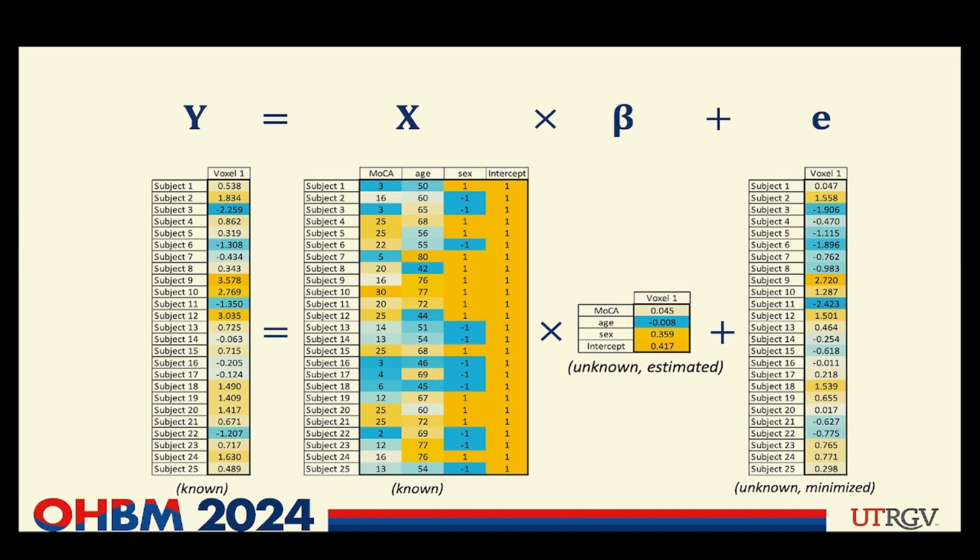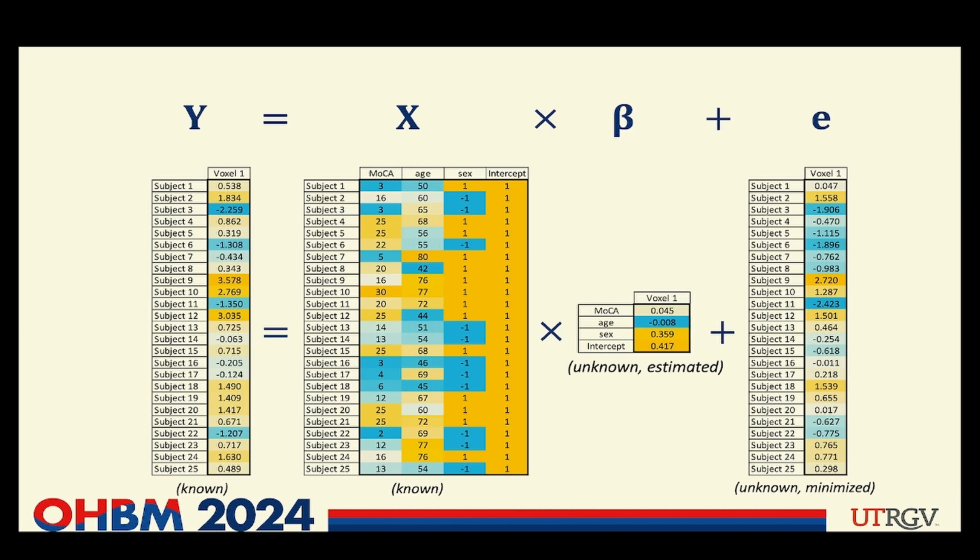And then let's say you want, in those 25 subjects, to see how a cognitive measure, in this example the MoCA, helps to explain those values that you have observed. And let's say that you also want to take into consideration that many of your subjects may have different ages. Some are men, some are women. So you include those nuisance variables in your design, and you also include an intercept term because we have to, right? It's the same as mean centering the data.